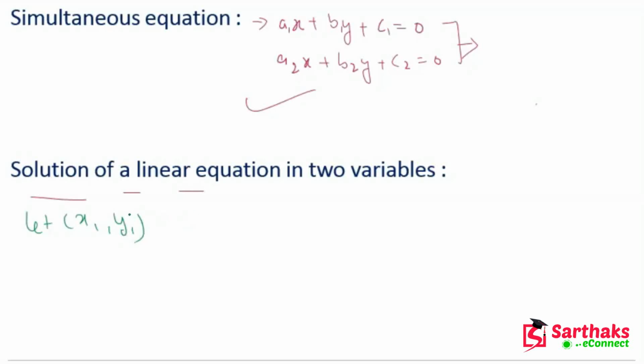This point is the solution of the linear equation ax plus by plus c equals 0, meaning if we put the values of x and y as x1 and y1, then ax1 plus by1 plus c equals 0.